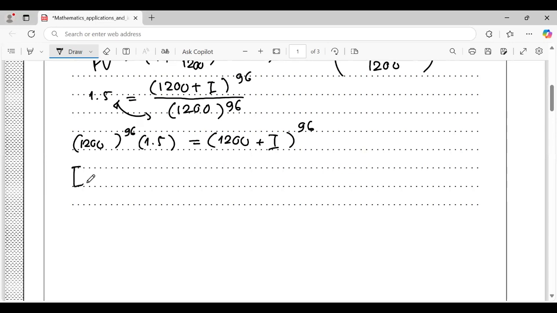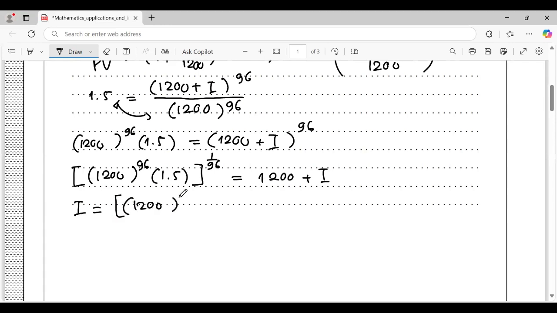And after that, it becomes 1200 times 1.5 power 1 over 96 equals 1200 plus I. I equals this term, 1200 times 1.5 power 1 over 96 minus 1200.